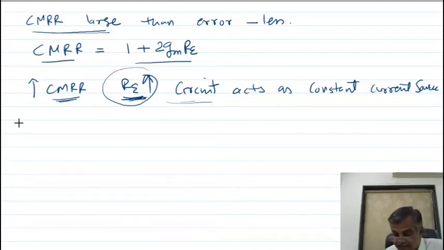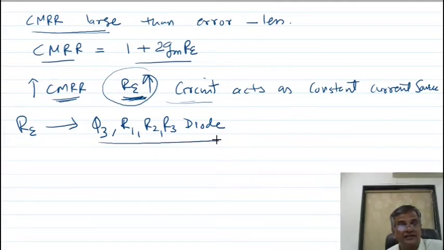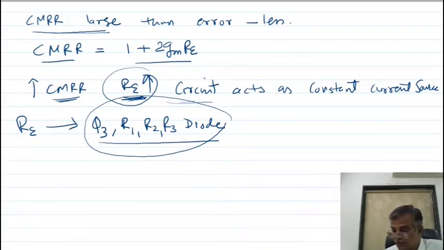In the last lecture we have seen that if RE is replaced by a circuit consisting of transistor Q3, resistors R1, R2, R3 and a diode, the circuit gives a very high value of RE.